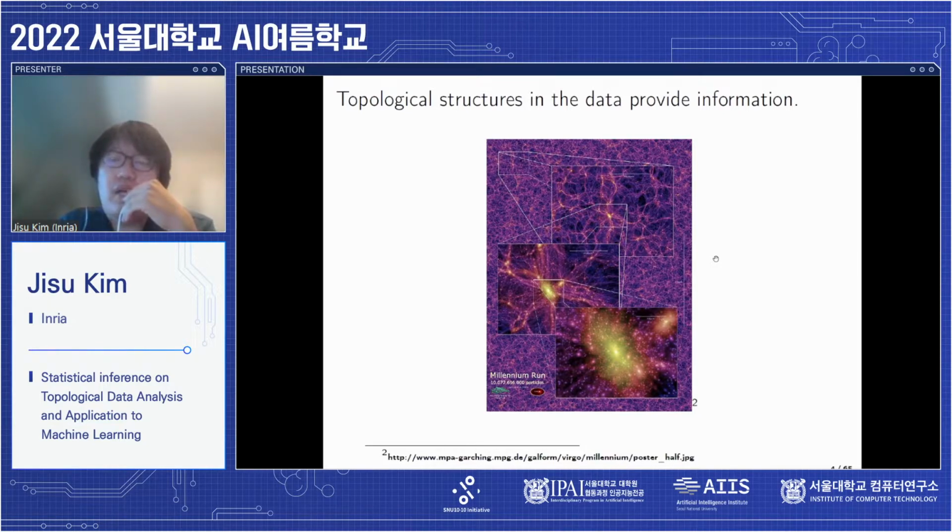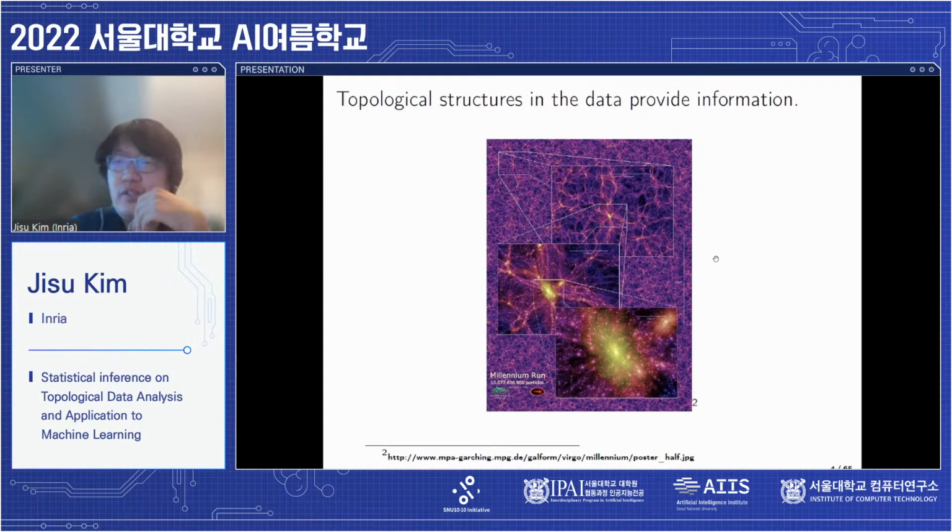And if you want to do some statistical inference or apply that to machine learning, we need some quantitative version of that, which means that we need some numbers to use as a feature or to infer some topological information.